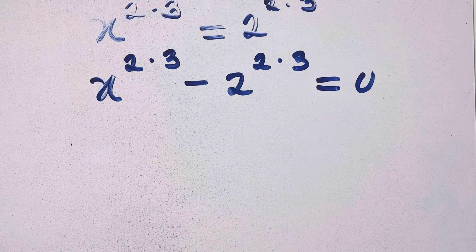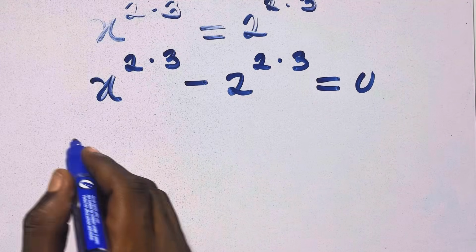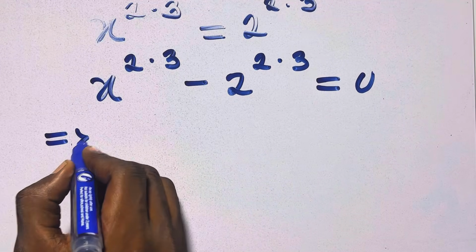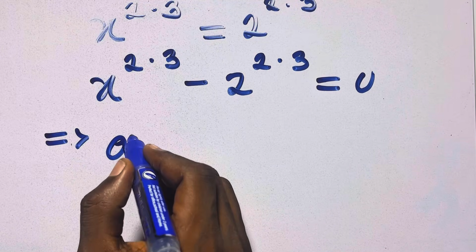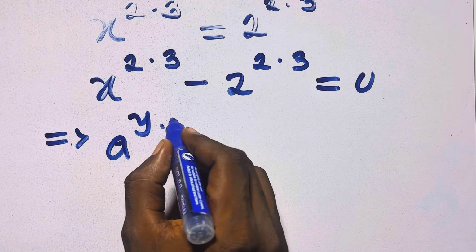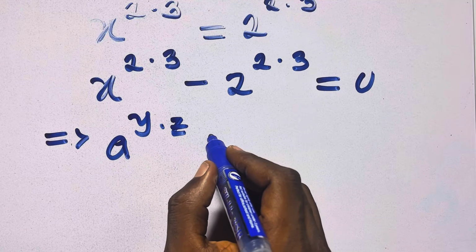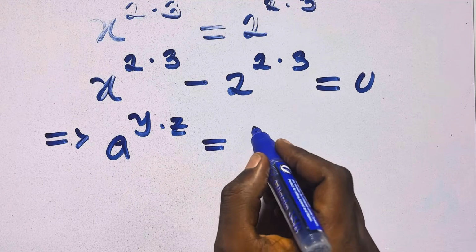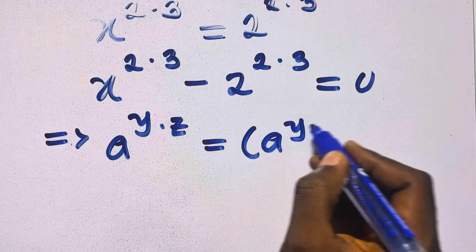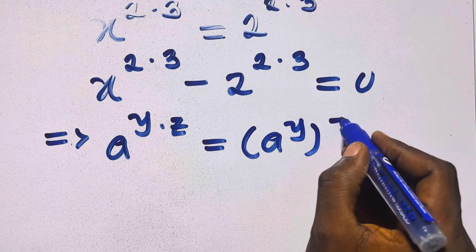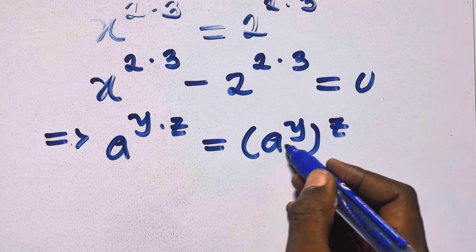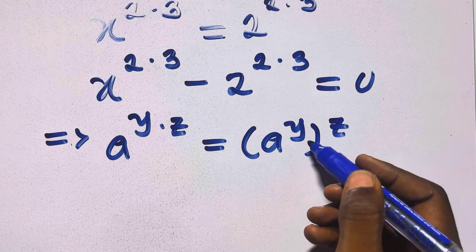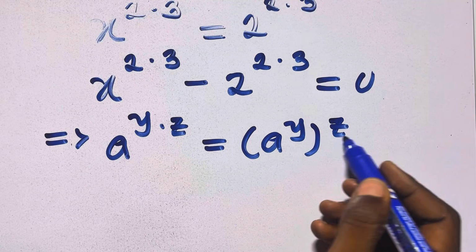From here, you have to recall that if you have an expression like a raised to the power y multiplied by z, this is equal to a raised to the power y, then again raised to the power z. This is the law of indices, the power law, where a number raised to a power is again raised to another power, and these powers are multiplied.